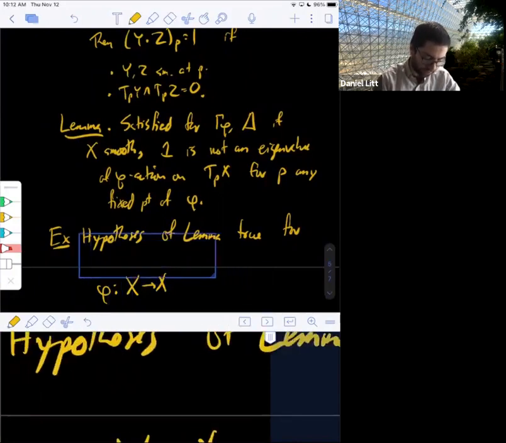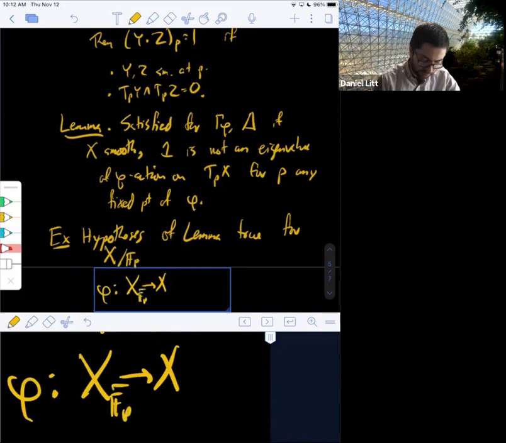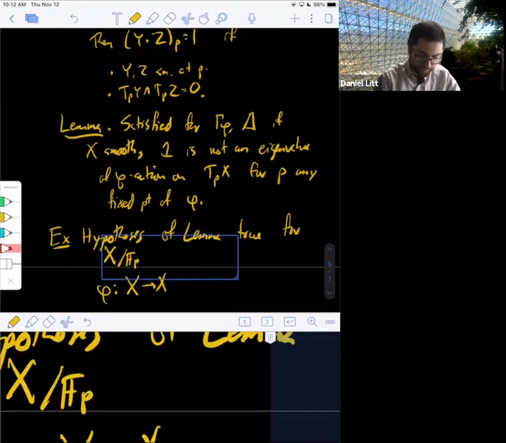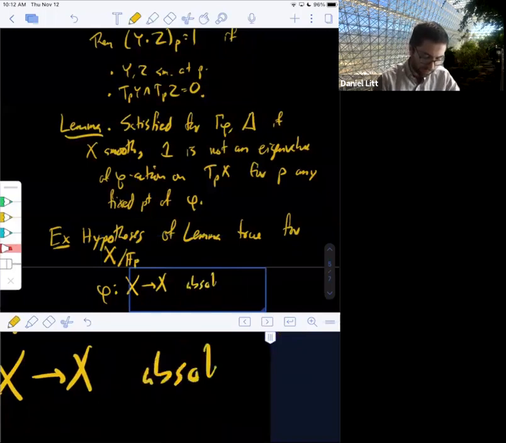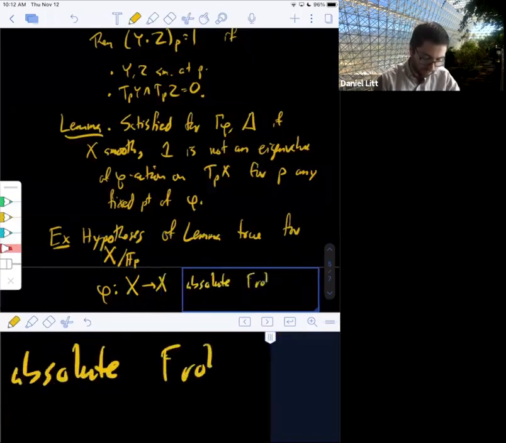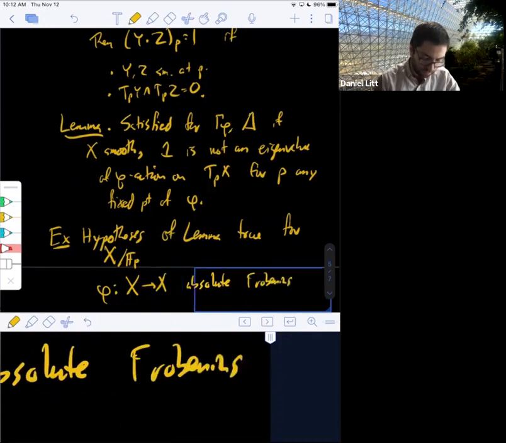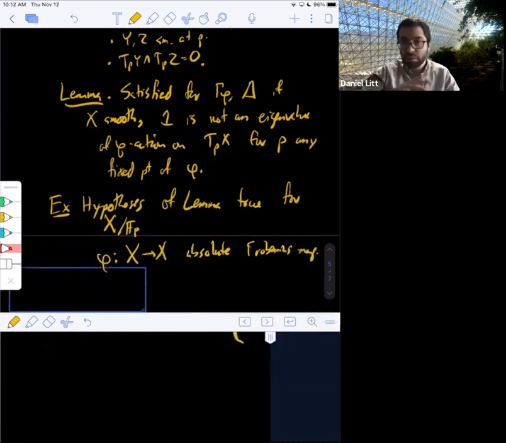So here, let's suppose X is a scheme over F_p, and this is the absolute Frobenius map. All right, are there any questions?